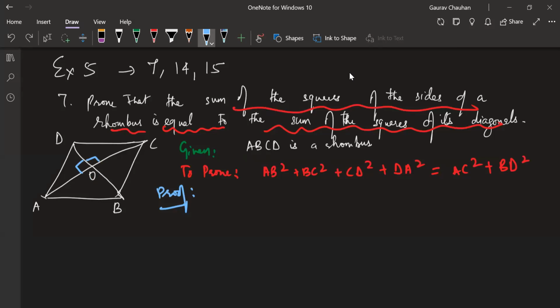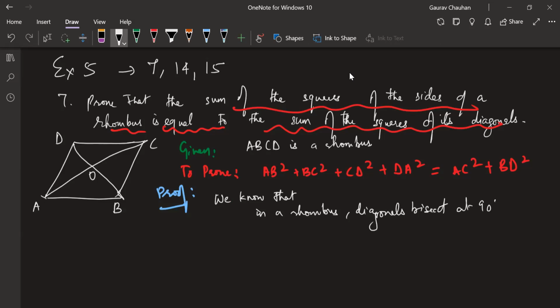So let's write this down. With diagonals bisecting at 90 degree, we first write that in a rhombus, diagonals bisect at 90 degree.